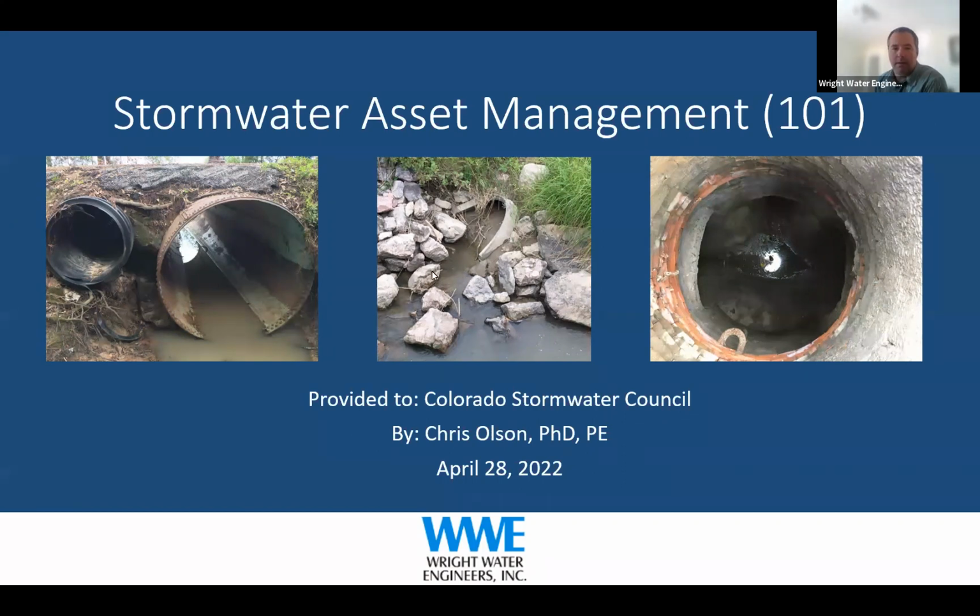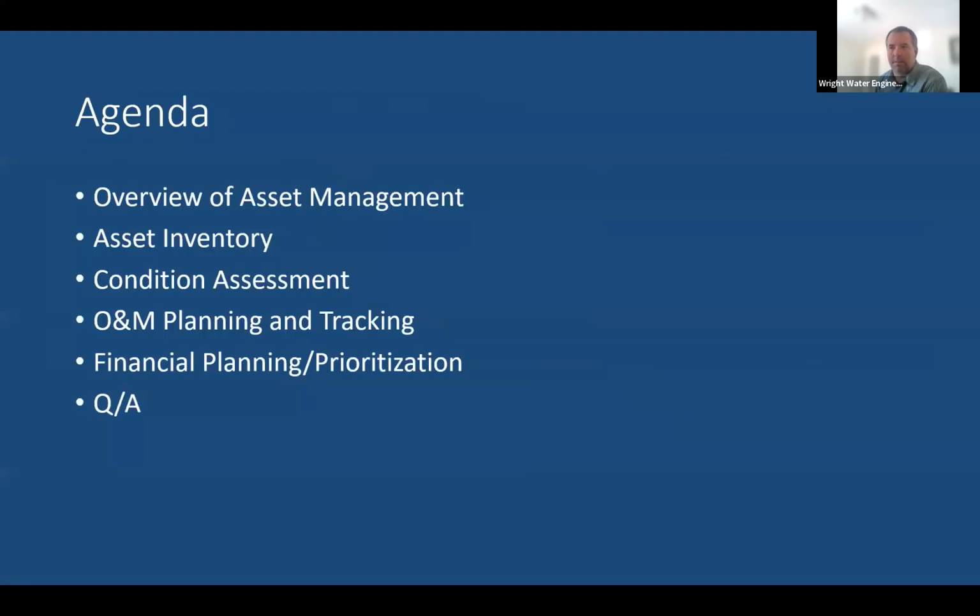So the agenda today: we'll give a quick overview of what asset management is. Then we'll go through the various steps involved, starting with an inventory of those assets, assessing the condition of them, and then moving into operation and maintenance planning and tracking.